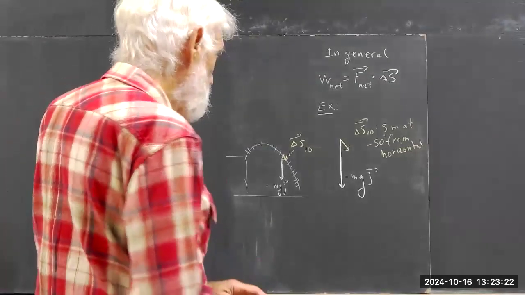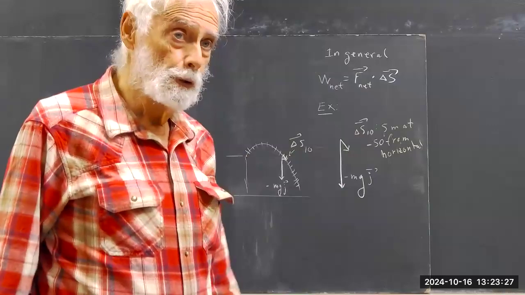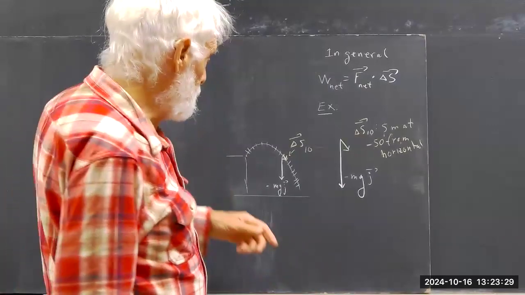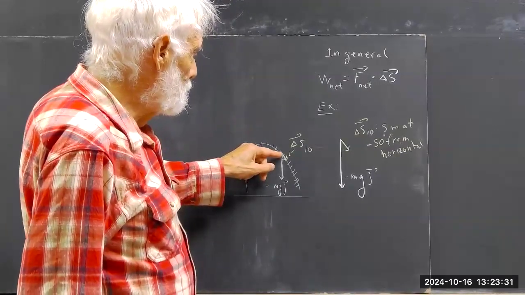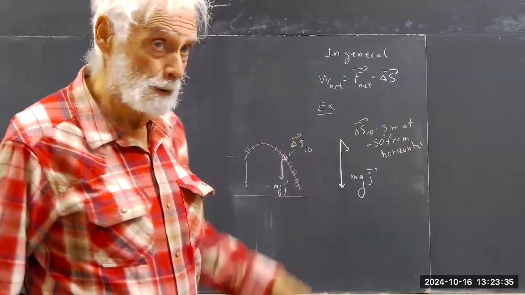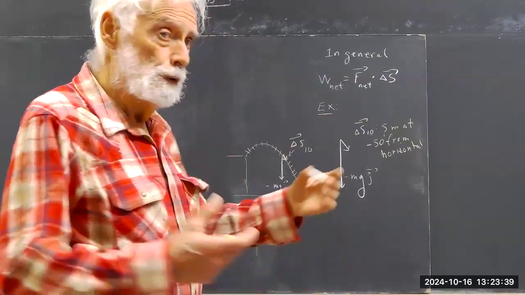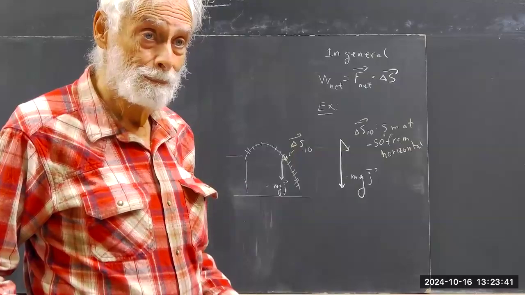Okay, so we made some estimates. So this is 5 meters at negative 50 degrees from horizontal. It's just an approximation because from one end of this increment to the other, the direction actually changes a little bit, right? But we're just doing a ballpark discrete approximation.